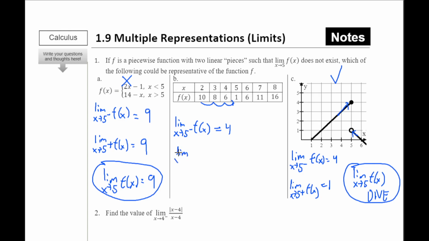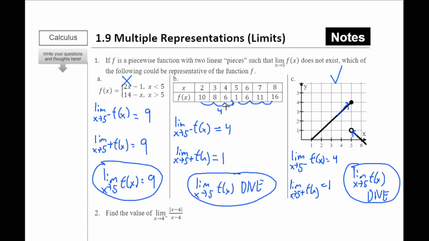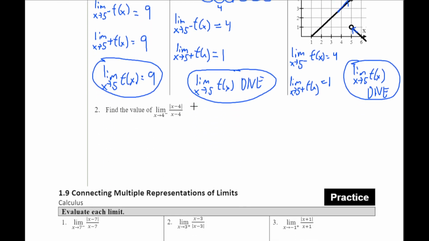So it's approaching 4 there. And the limit as x approaches 5 from the right: from 8 to 7 you're dropping by 5, dropping by 5, dropping by 5, you get 1. So the limit as x approaches 5 of f of x does not exist based off of this table because the left and the right are approaching two different values. So that is question 1.